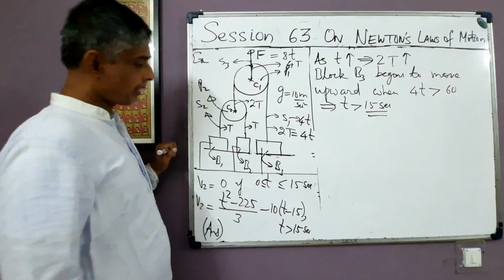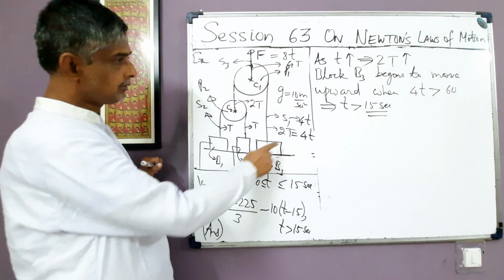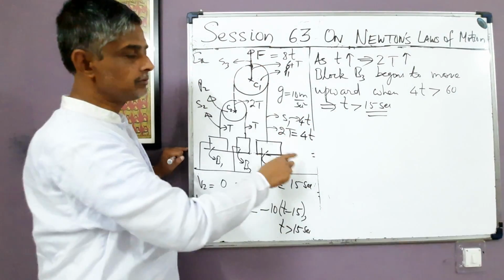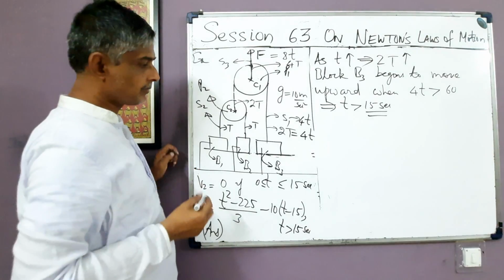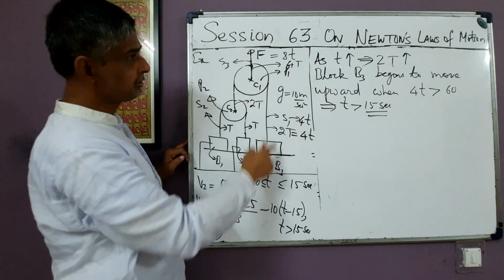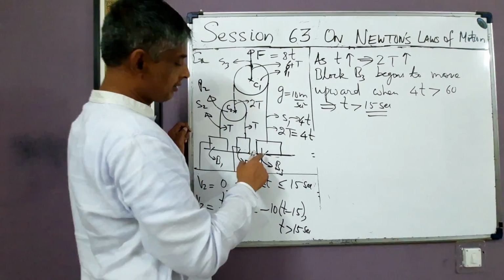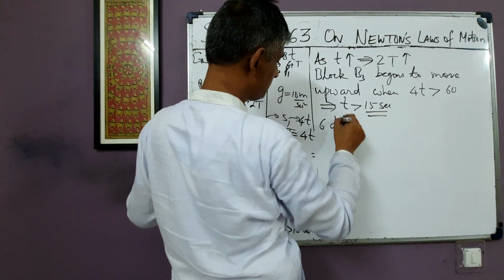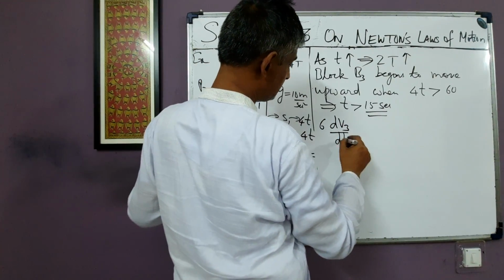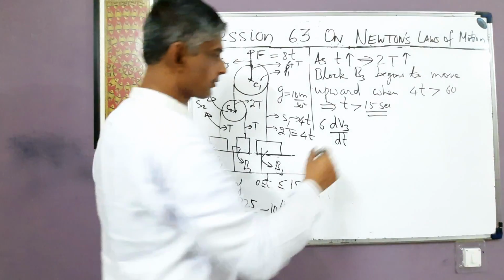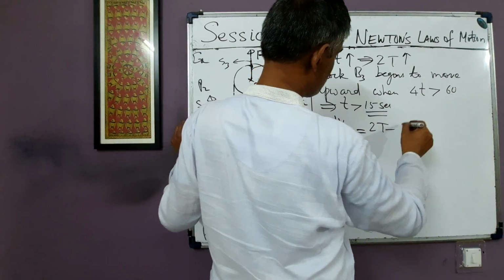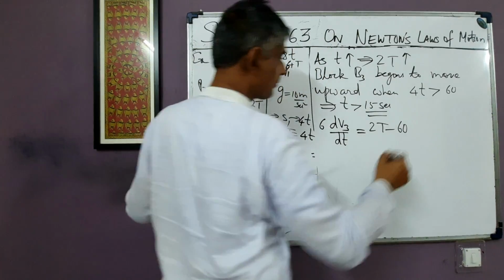So now I'll apply Newton's second law to block B3 in upward direction for t more than 15 seconds. Let V3 be the speed of block B3 at time small t. Apply Newton's second law to B3 in upward direction. What do I write? 6 dV3 by dt, mass times acceleration, equals net force 2T minus 6g, that is 60.